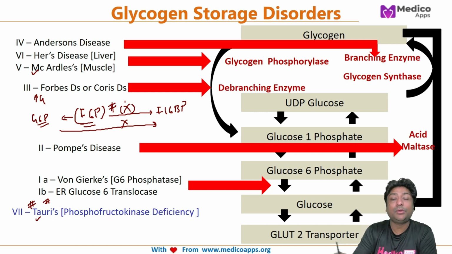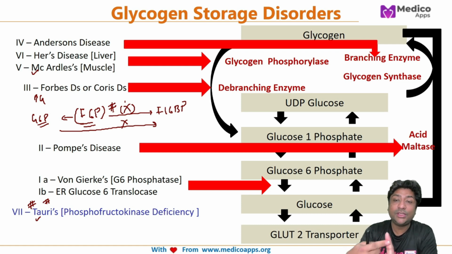In McArdle's, he was able to exercise after some time: if he continued to exercise despite the cramps, he could start exercising once muscle vasodilation happened and glucose from the circulation started entering the muscle. But here, even if glucose enters the muscle, he will not be able to, because that glucose will not be broken down into pyruvate. The energy will not be released. So this is how you will differentiate McArdle's from Tarui.